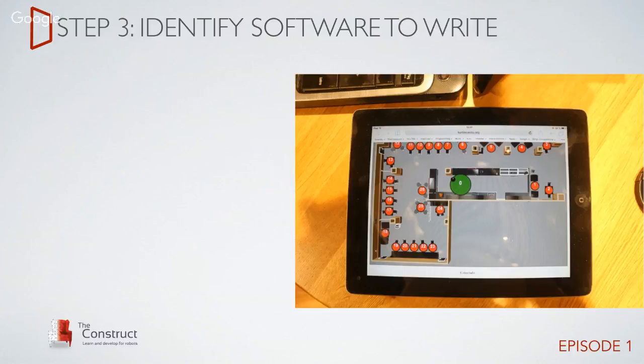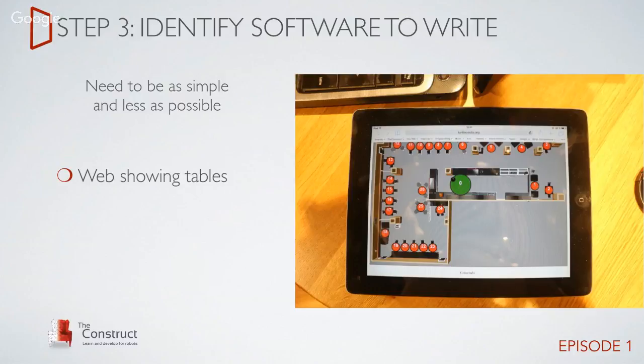This is a diagram of the cafeteria where the robot barista is working, and it contains the different tables with the numbers. This is the simple thing that we have built for this barista robot. That's all. It contains two parts. First is the web page showing the tables in the different locations, and then a small ROS node that connects through ROS Bridge and converts the selected table into a ROS navigation goal.